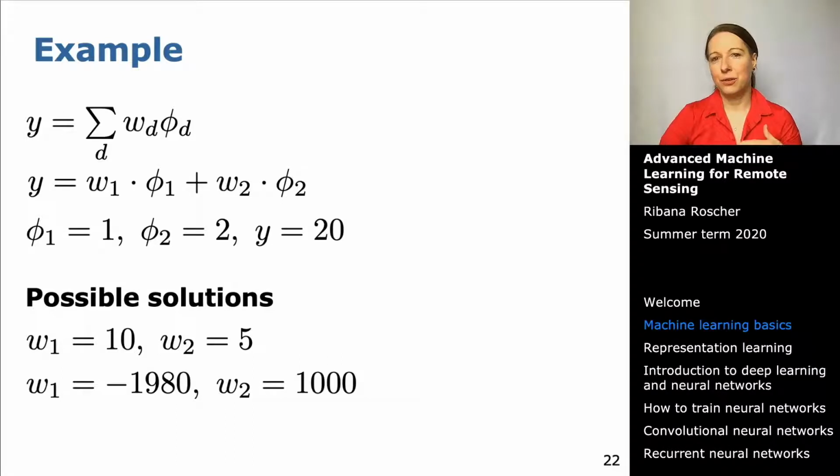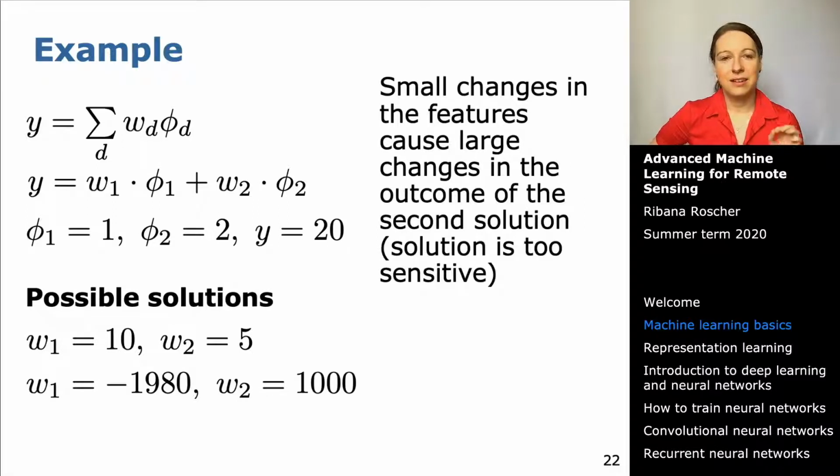But if you now change the observations a bit, for example, because you repeat your measurements, you will see that small changes in the features cause large changes in the outcome of the second solution. That means the solution is too sensitive, too adaptive to your training data.